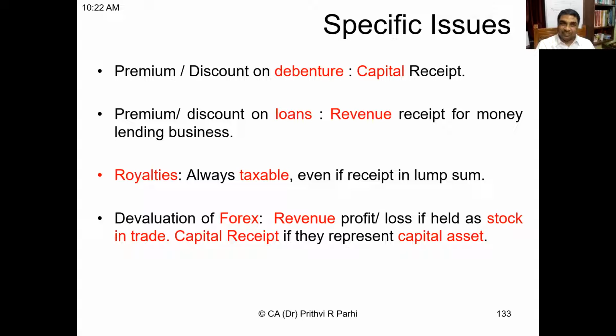So premium received or discount earned on issue or redemption of debentures are capital receipts.